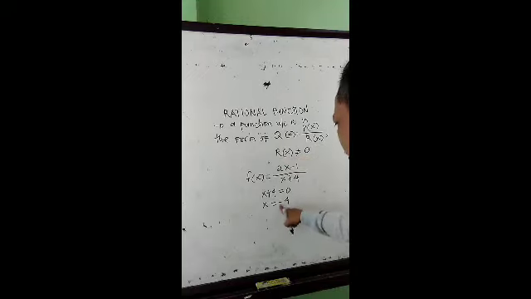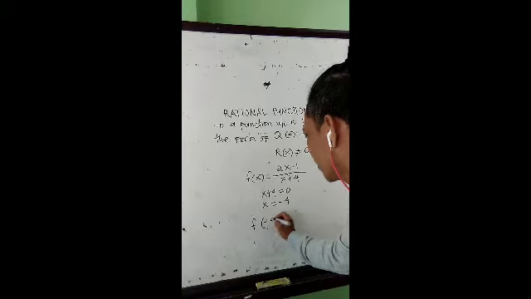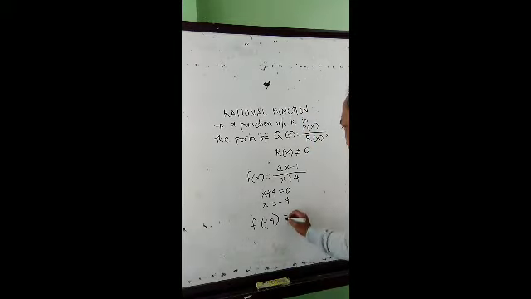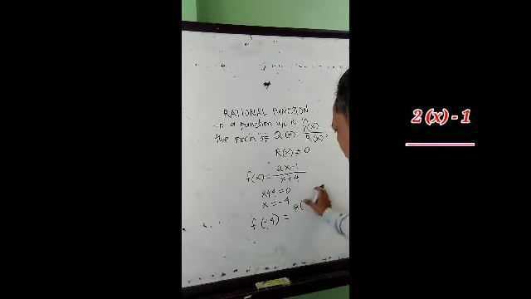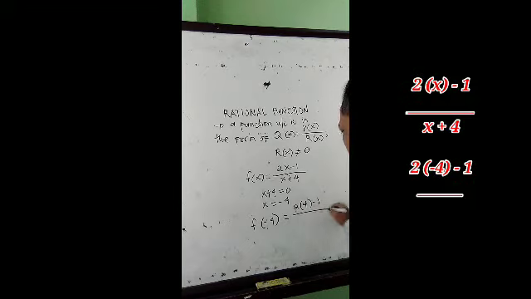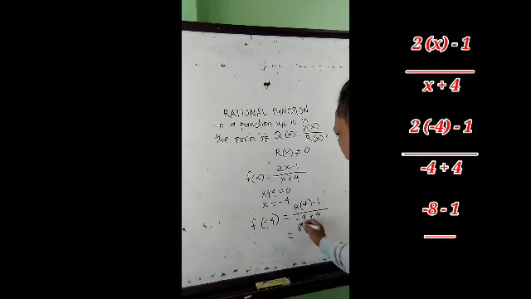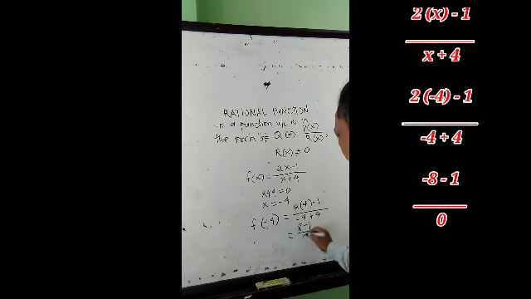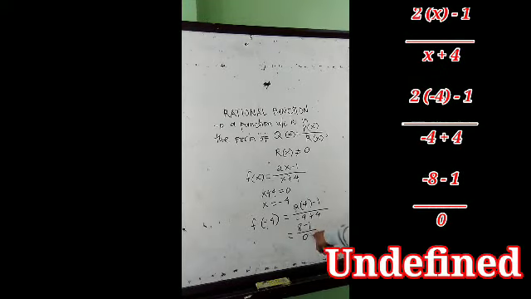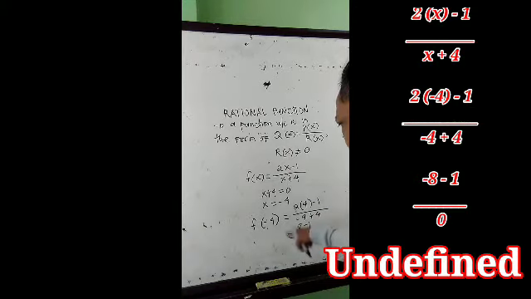So if we try to substitute this value of x here, this becomes f of negative 4 equals 2 times 4 minus 1 all over negative 4 plus 4. So this becomes 8 minus 1 over 0. Now, the moment your denominator is 0, the whole function is undefined.